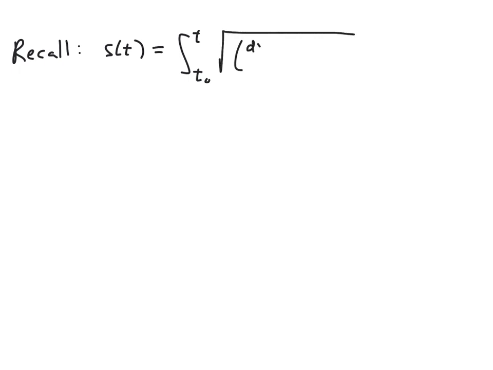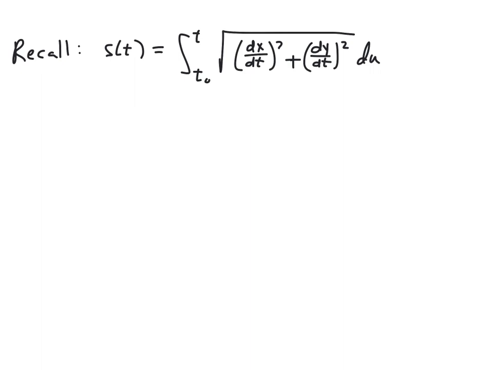So recall that when we discussed arc length earlier in the course, we defined this arc length parameter s of t to be the integral from a base point t naught to t of the square root of dx dt squared plus dy dt squared du.